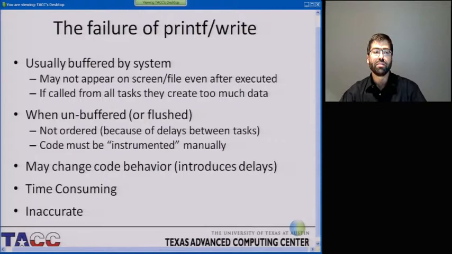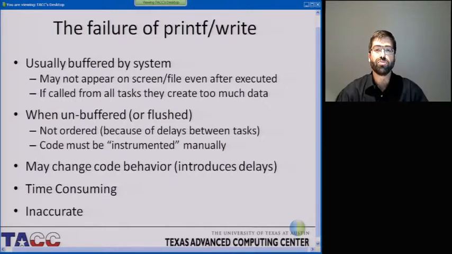Not only that, but even if you know how to unbuffer things properly so that things appear when they're supposed to appear, you could have way too much information to process to find out what the problems are. Once you start running at scale, this is going to be a problem, not only because you have way too much information to process and identify the actual problems, but because these printf, write, and in general I/O statements will introduce delays that could even change the behavior of your code.